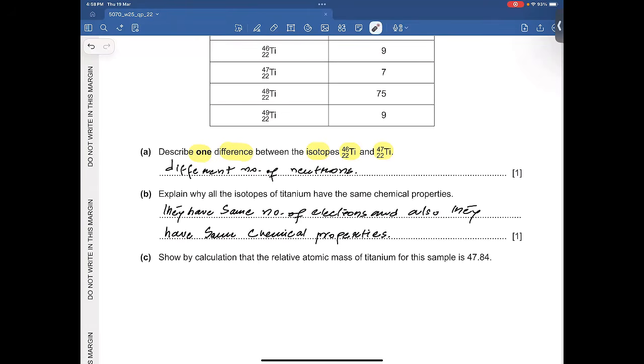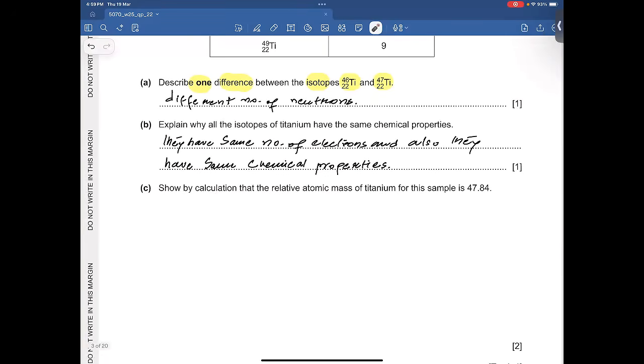We can write this answer in that way also, that since they have the same number of electrons, they will have the same electronic configuration, which is why they will have the same chemical properties. It doesn't make any difference if you write that sort of explanation also. Both of them are acceptable.